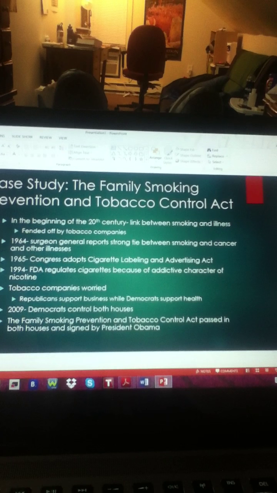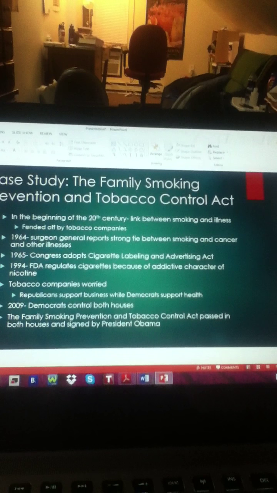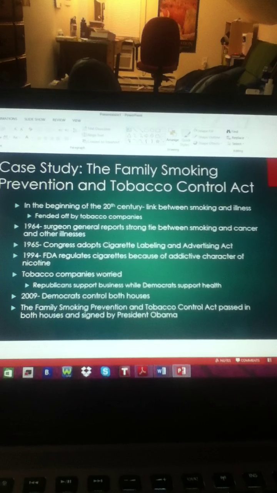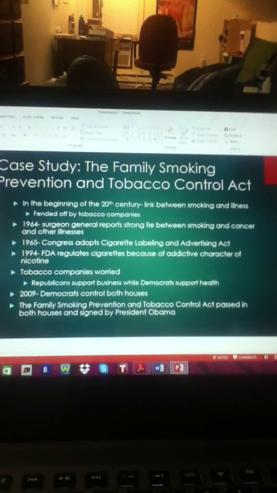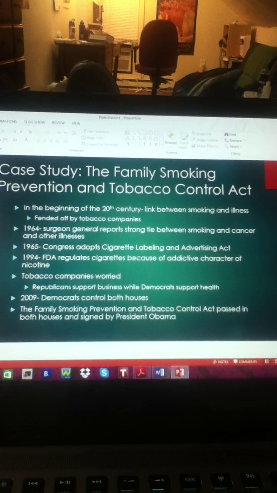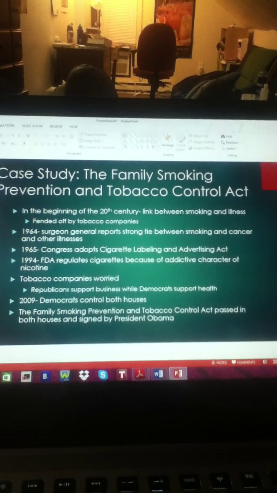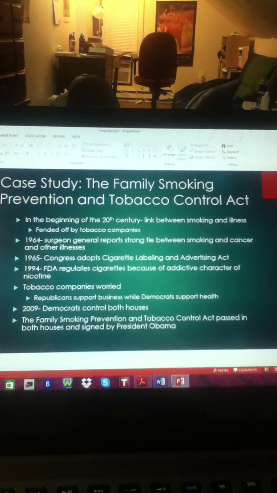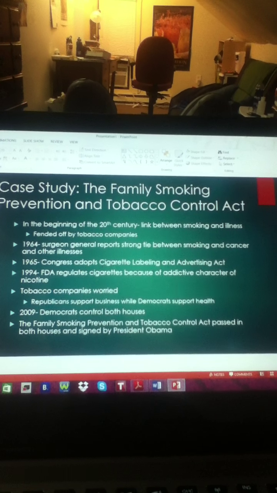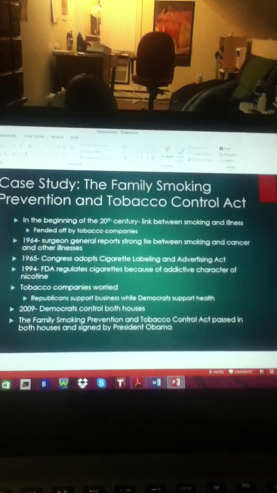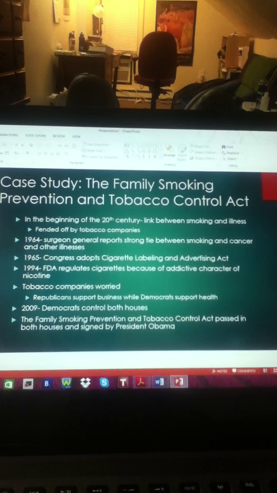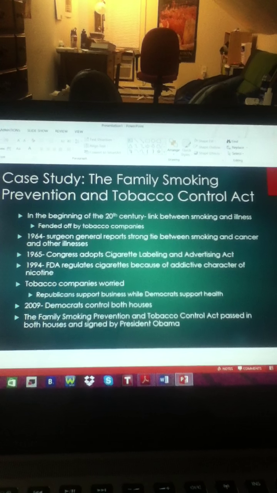Then, with the passing of time, tobacco companies started to worry that they would lose money and maybe even be shut down. Tobacco companies were supported by Republicans who support business, while the Democrats opposed the companies and wanted to support health.